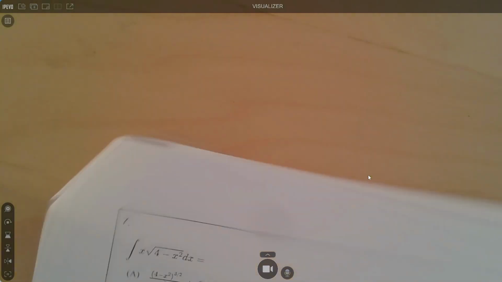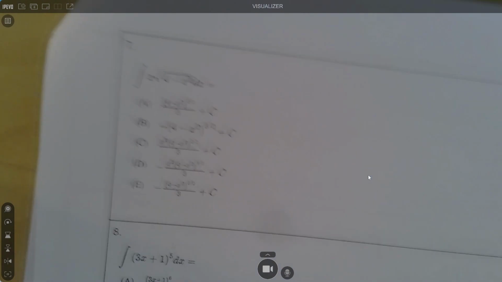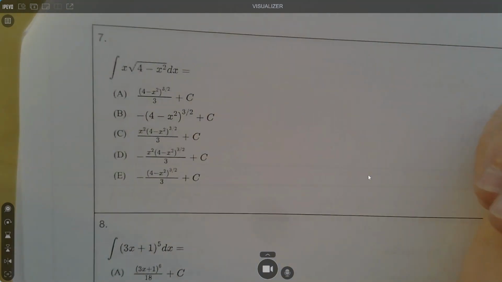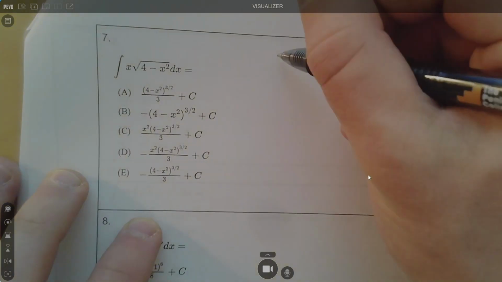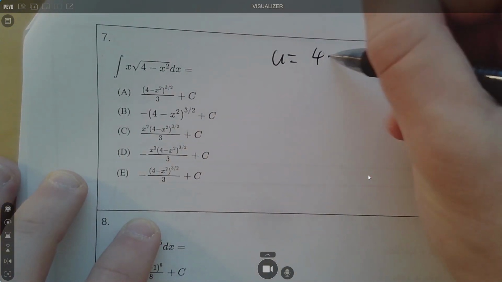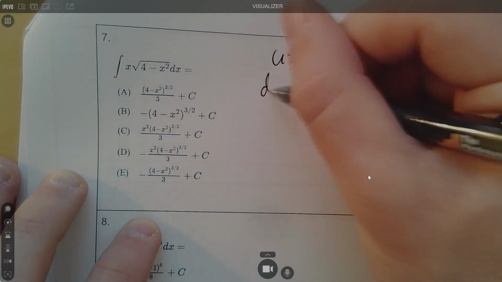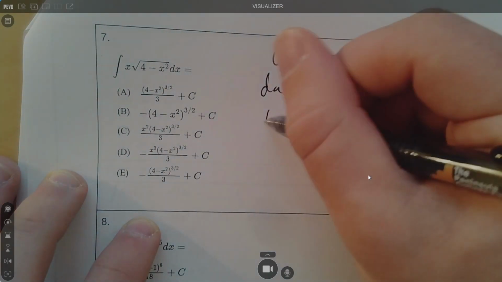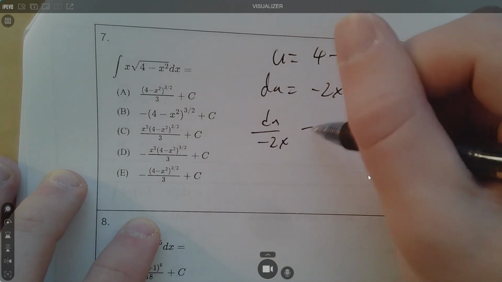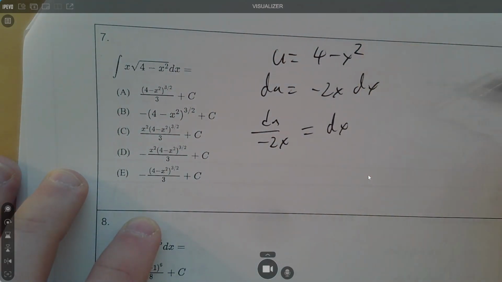Okay, moving on. We got another u sub here. So again, I see that the outside is the derivative of the inside here, so that's my u. U is 4 minus x squared, du equals negative 2x dx, du over negative 2x equals dx. Let's plug it in.